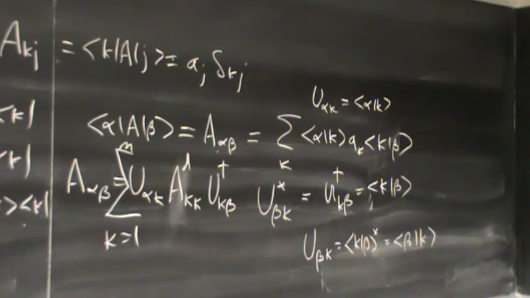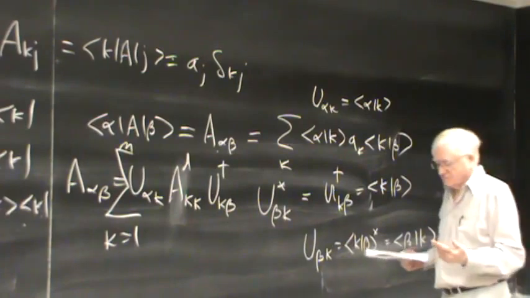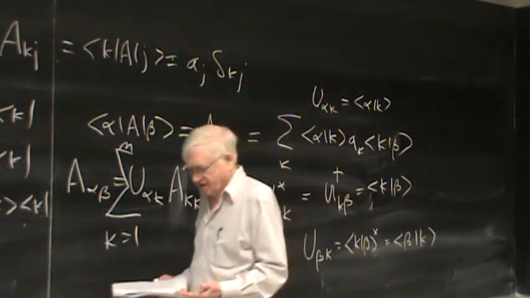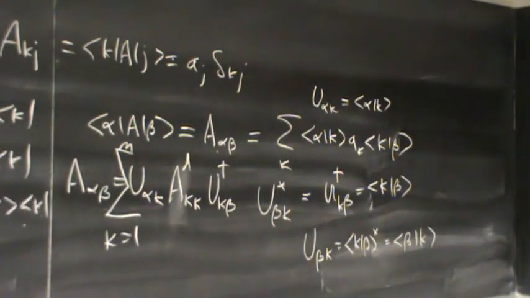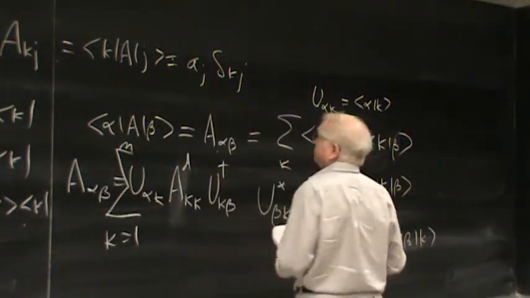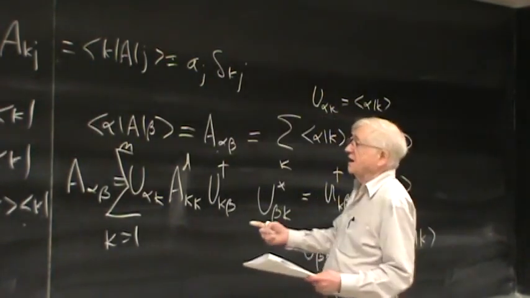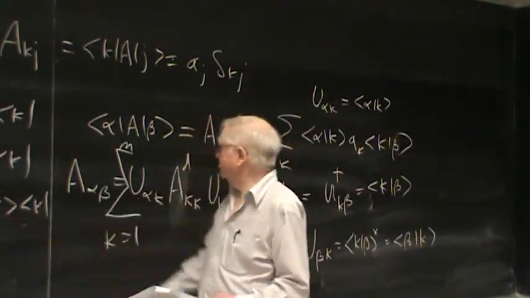Okay, so basically an arbitrary n by n Hermitian matrix has n real eigenvalues. It has n orthonormal eigenvectors. You can write it in diagonal form like this.